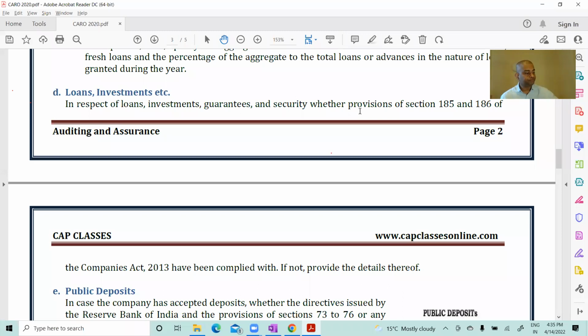No company is allowed to give any loans, advances, either by way of a book entry or any other manner, or give any guarantee to directors or to the entities where directors are related.